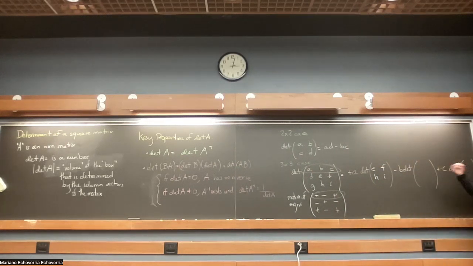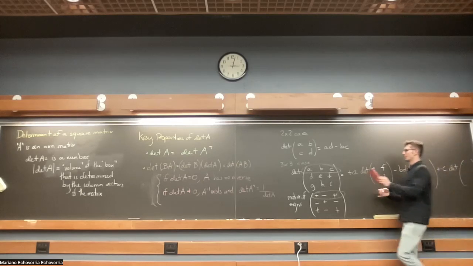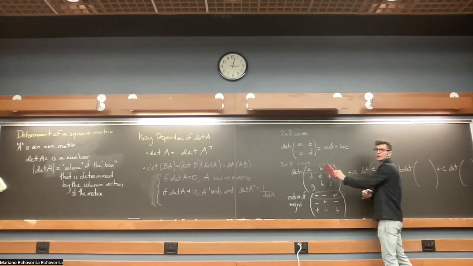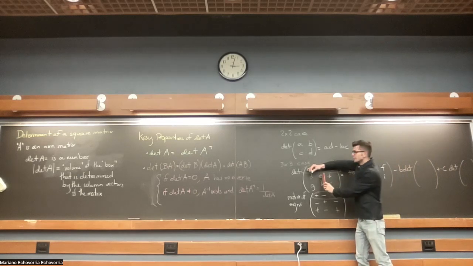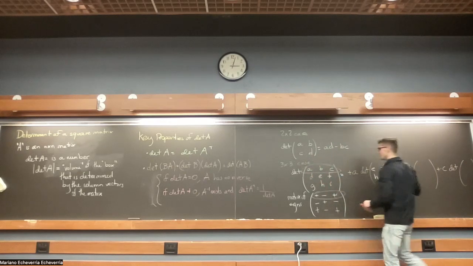And the same will go for the others. So for example, for B, it's row 1, column 2. So imagine deleting row 1, column 2, you kind of do it in your brain, right? You don't have to write this down in your solution, but you imagine deleting row 1, column 2. So which entries do we see? D, F, G, I, right?